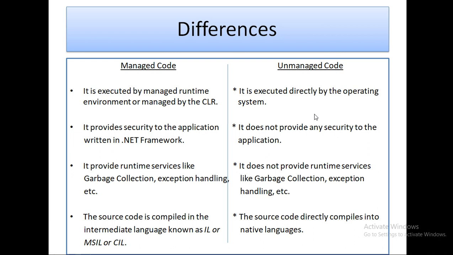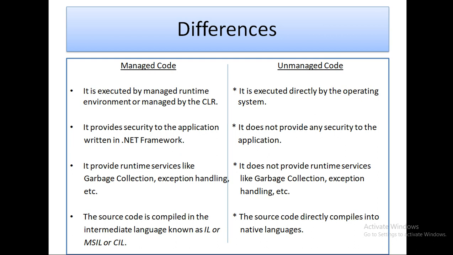Now the differences. What are the differences between managed code and unmanaged code? Whatever we have discussed so far, from the definition and then advantages and disadvantages, those are the differences between managed code and unmanaged code. Managed code is executed by the managed runtime environment or managed by the CLR, and unmanaged code is directly executed by the operating system.